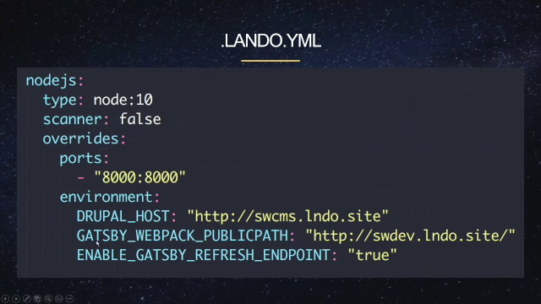So here we have some environment variables for Gatsby. We've got the public path, basically when Gatsby runs its builds, just so it knows what the URL is as it's building things.